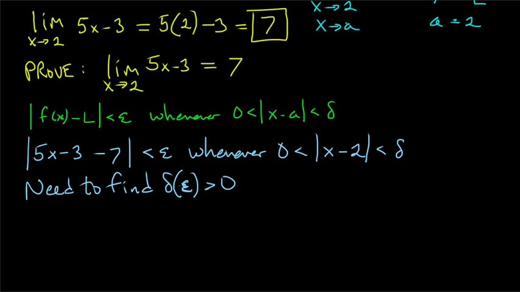So we need to find that delta so that the absolute value of 5x minus 3 minus 7, so that's just 5x minus 10, is less than epsilon. So we want to guarantee that this f of x minus L is within epsilon. Okay, so what should our delta be here?